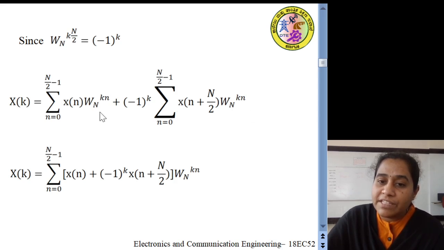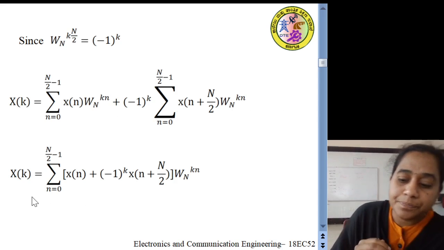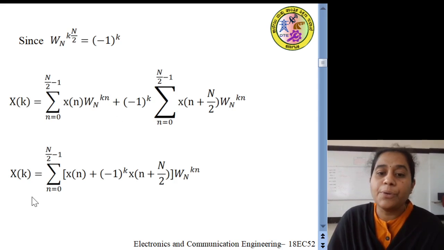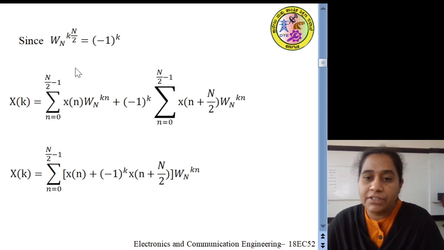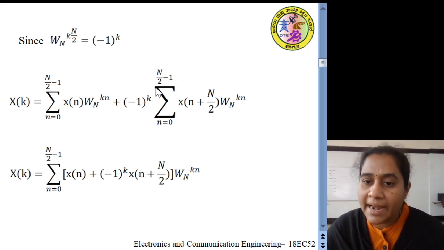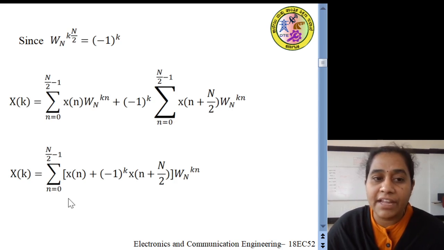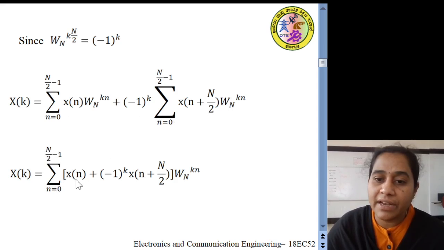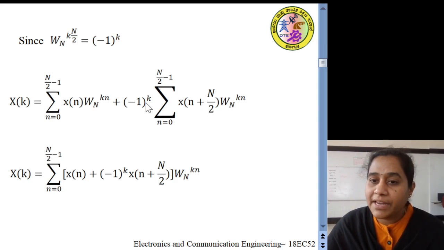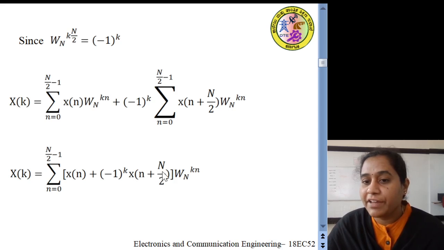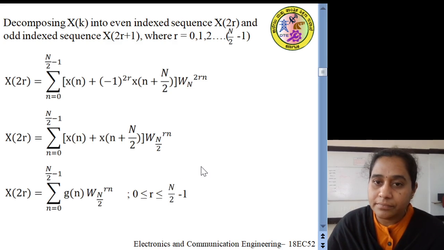Further, if we simplify this, we obtain X of k is equal to summation n varying from 0 to N by 2 minus 1, as we are adding these summations because the limits are the same in both the terms, x of n plus minus 1 raised to the power of k into x of n plus N by 2, whole thing multiplied by WN raised to the power of kn.